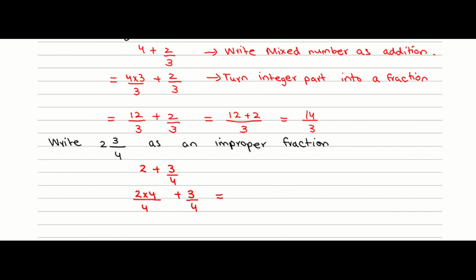Now 4 times 2 gives you 8 divided by 4, plus 3 over 4, and we have the common denominator. So we write 4, and in the numerator we add 8 plus 3, which gives you 11 over 4. Now you see the top number is larger than the bottom number, so this is our improper fraction.